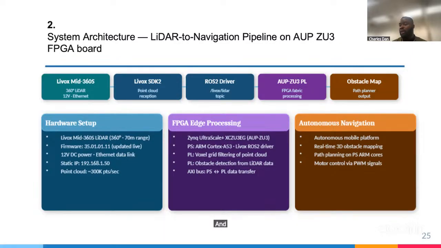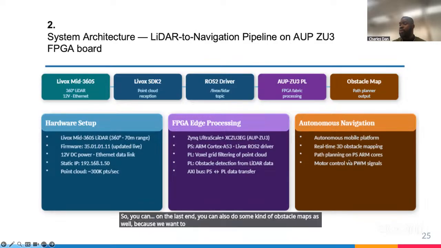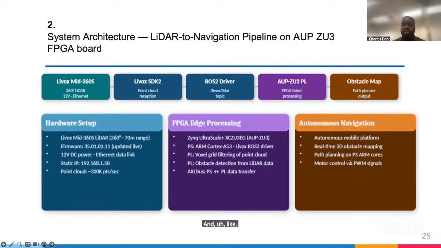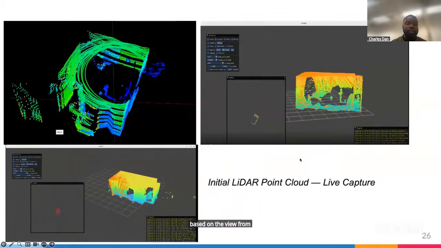And all this you cannot do without using ROS, which we normally use for the publication and the subscription. On the last end, you can also do some kind of obstacle maps, because we want to build an autonomous system. So based on the view from the environment, the robots will be able to navigate.